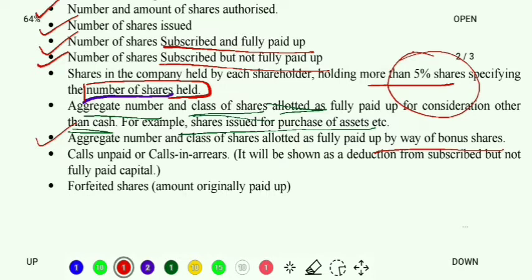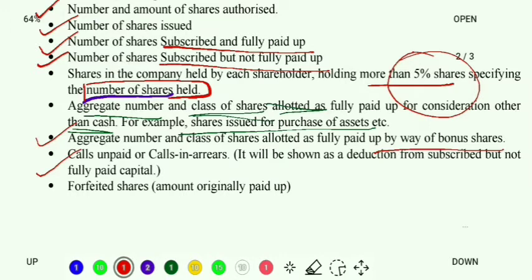So in case bonus shares are given out to the existing shareholders, the total number and the types of shares given by way of bonus shares have to be specified under the share capital. Clear? Next is the calls unpaid or calls in arrear.